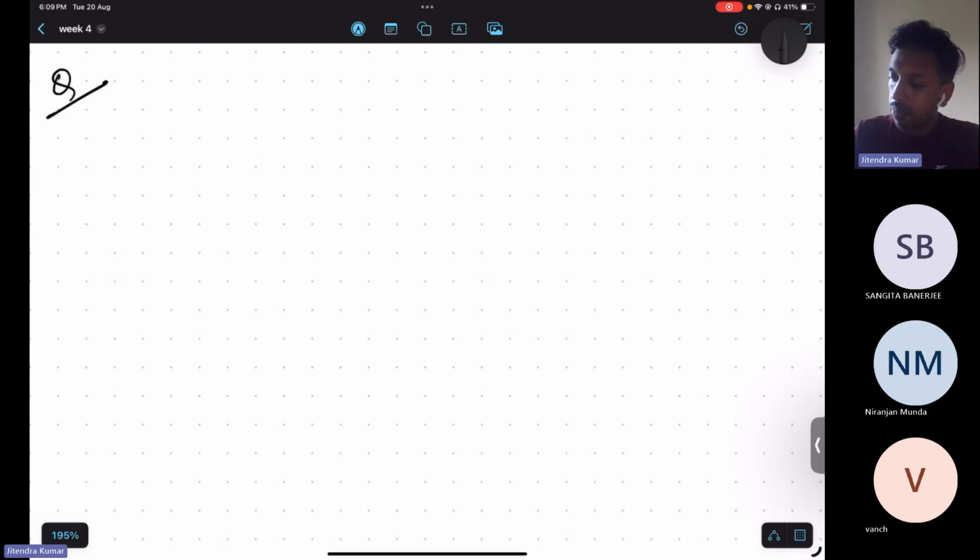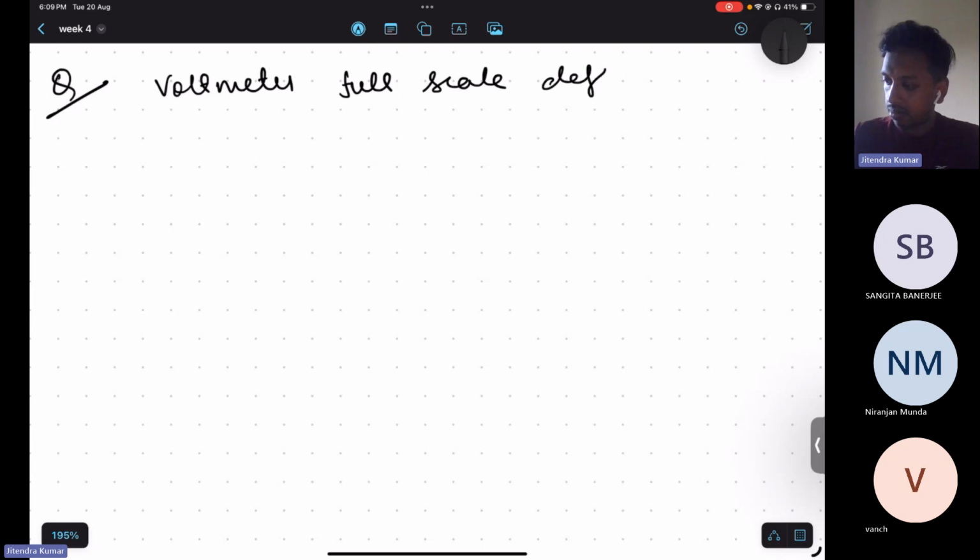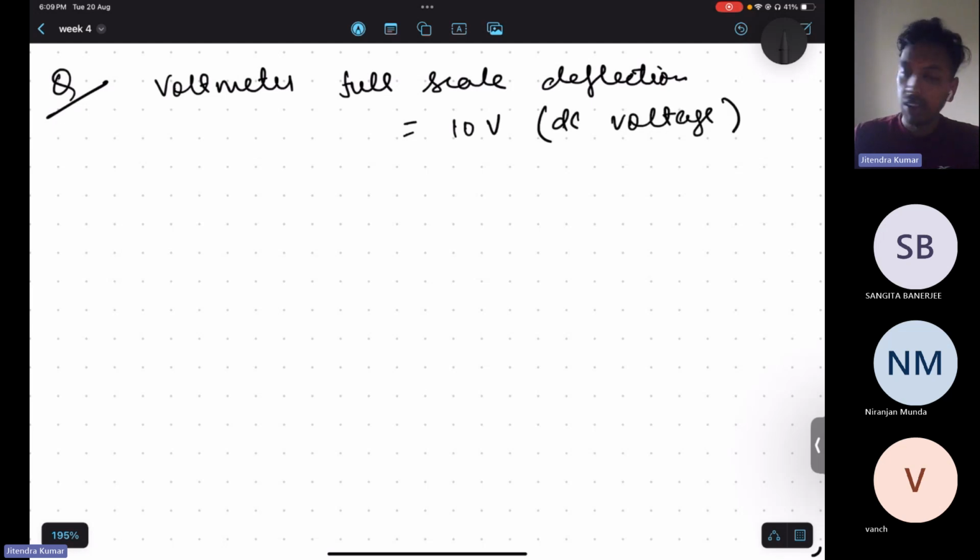So I am going to write the voltmeter parameters. The voltmeter full scale deflection is 10 volt DC voltage, right? Because a voltmeter can measure the DC value.